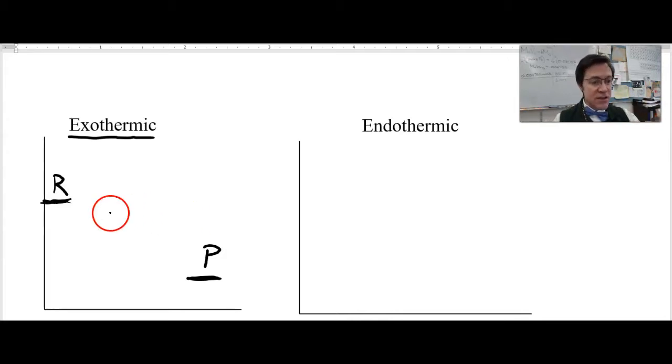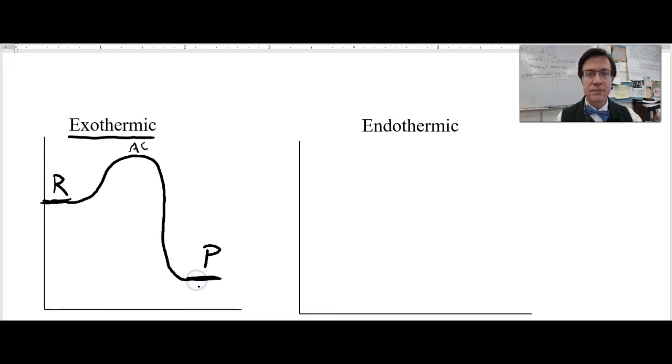So the reactants have to gain enough energy to make the activated complex. So boop, we jump up like this, and this is where the activated complex lives. As soon as the activated complex is made, the potential energy drops down and energy is released. So this is what exothermic looks like. The reactants are higher than the products.